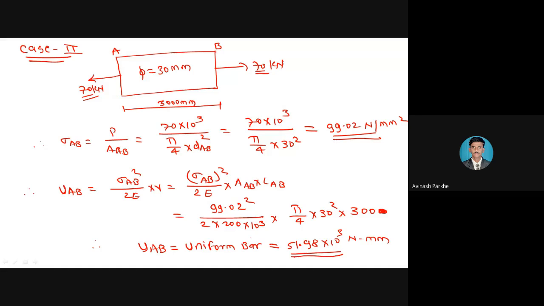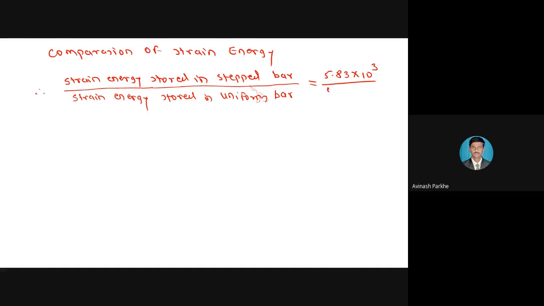Instead of taking the length 3000, take the length 300 only. Then how much? Please check. 5.19, I think. Instead of taking the length 3000 for the uniform bar, take this particular length as 300 mm only. Then I think you will get 5.19 into 10 raised to 3.